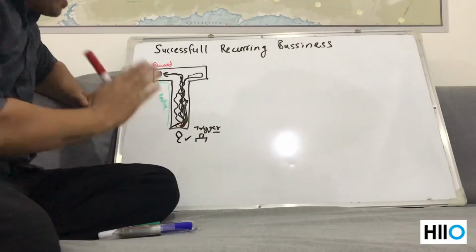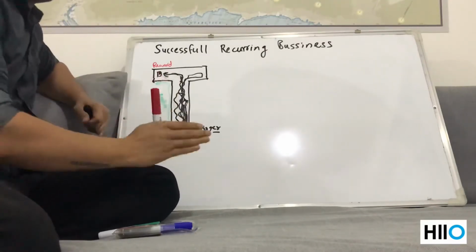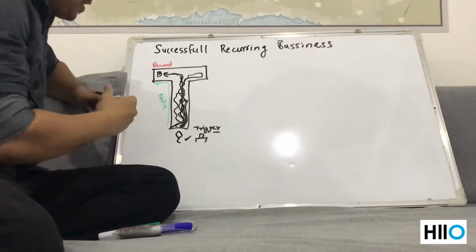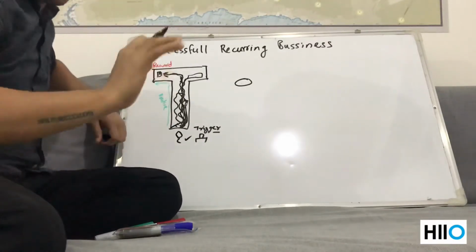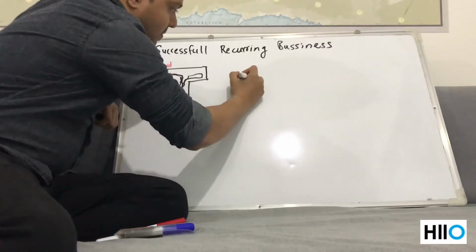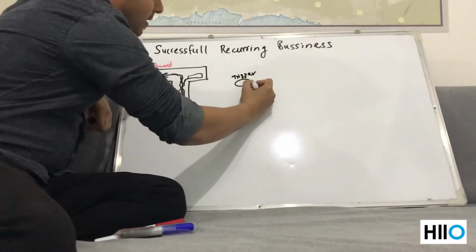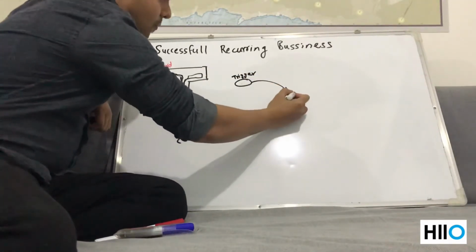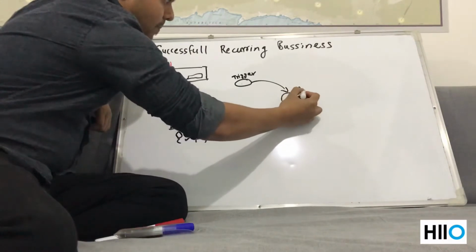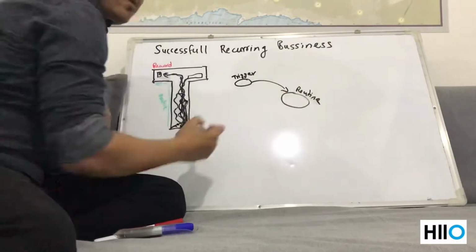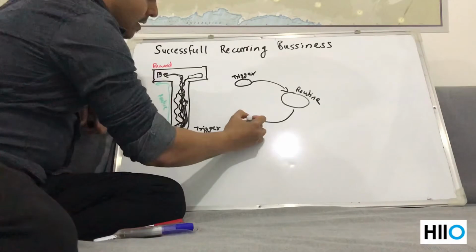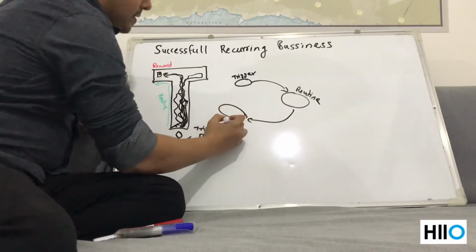So basically, every single recurring business works on the same model. What you have is a trigger, that trigger makes you follow a routine, and that routine gives you the result.